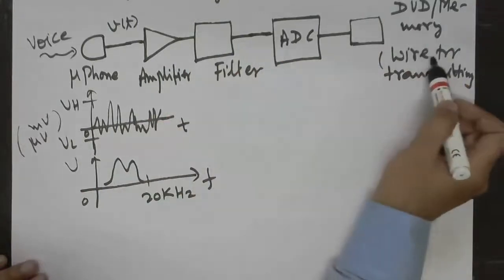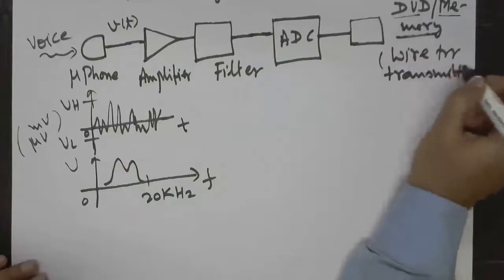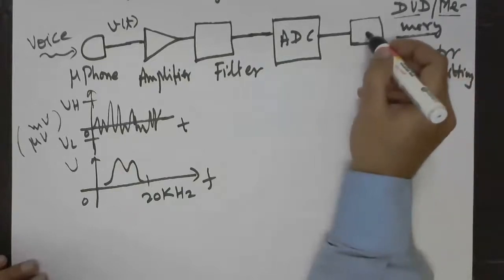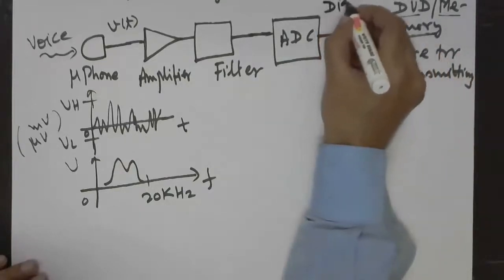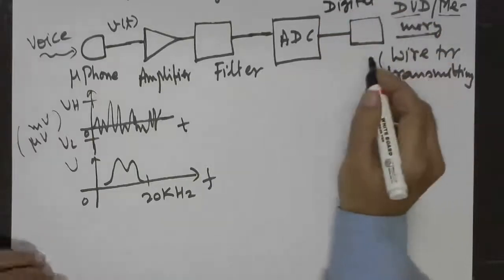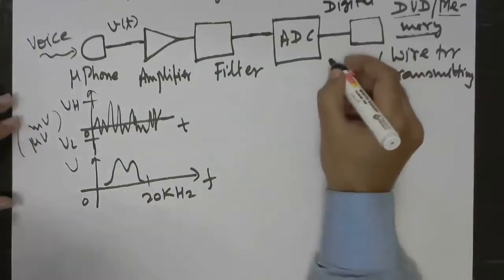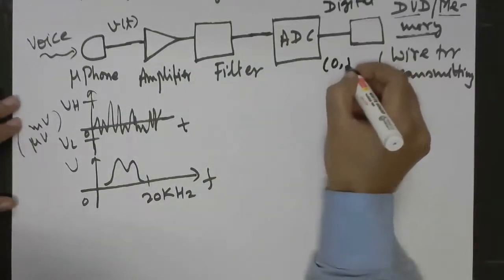And because we will be ultimately storing it on say DVD or memory or transmitting, so this has to be converted into digital. That means in terms of two voltages, low and high voltages only, and typically they are symbolically denoted as 0 or 1.